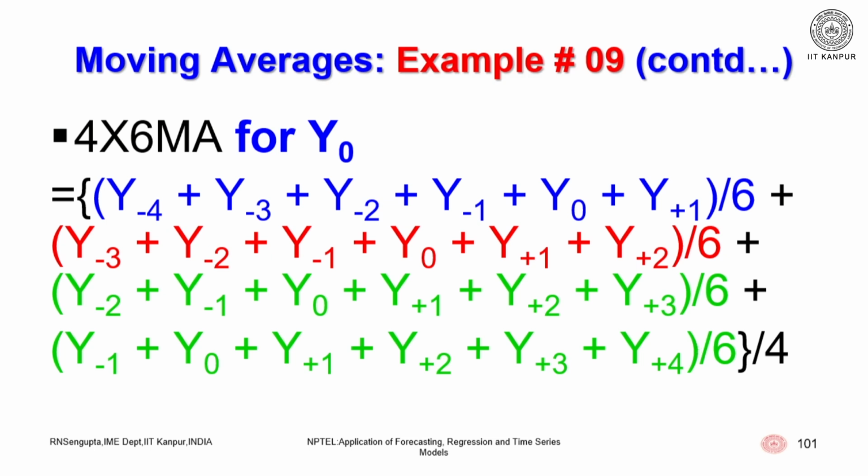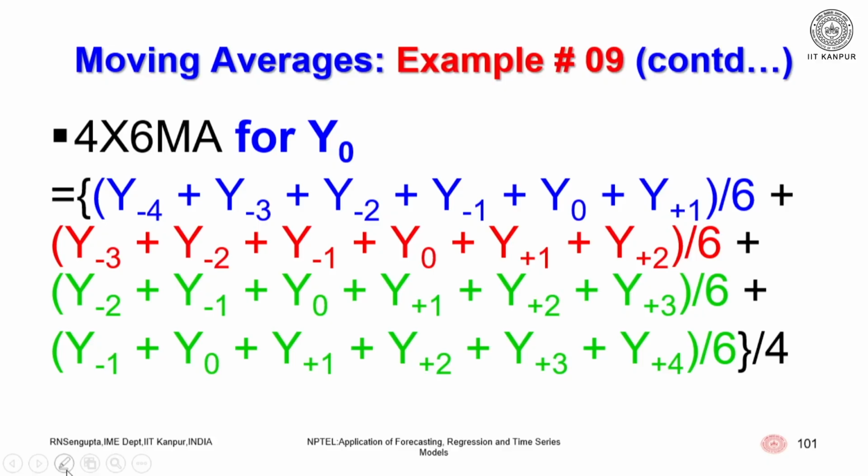Now, let us consider the 4 cross 6. Initially we had 2 cross 6, now we are considering 4 such blocks of 6 data points each. And remember, we are trying to find out the forecasted value for y naught. So, where would y naught be placed in all these 4 blocks, each of 6 different values?